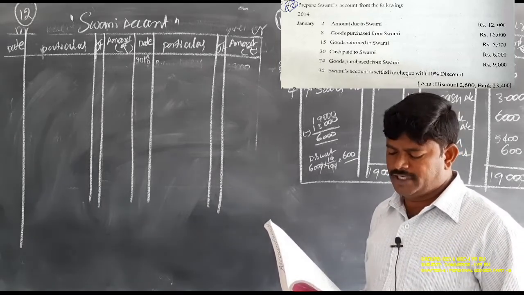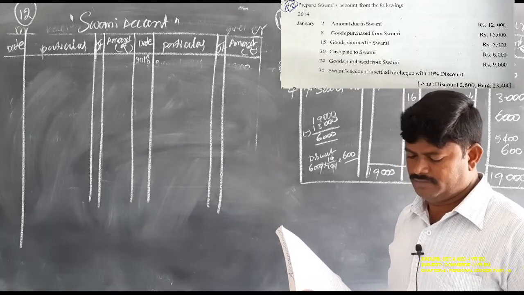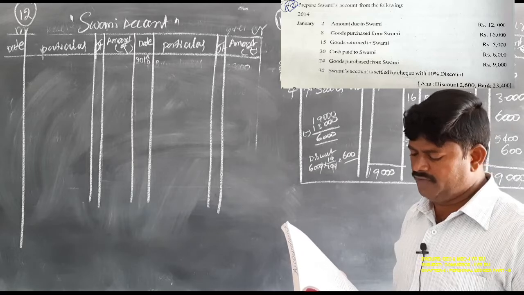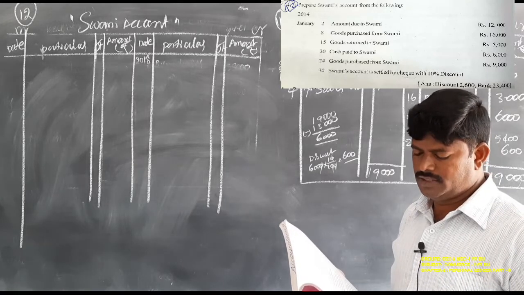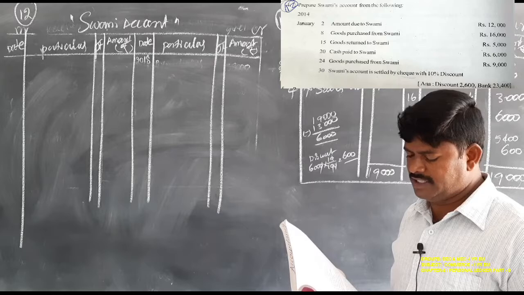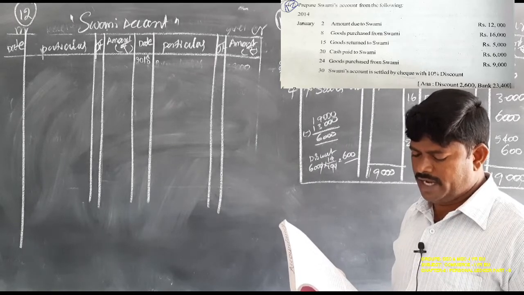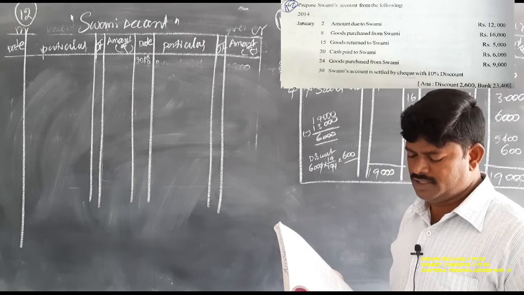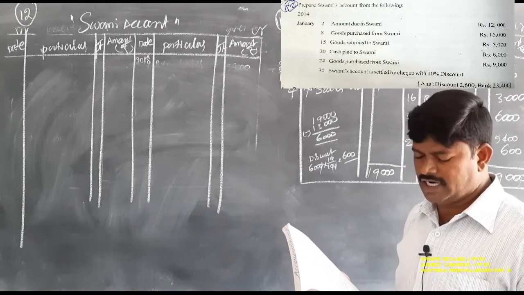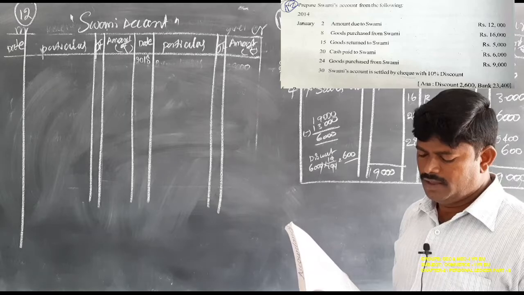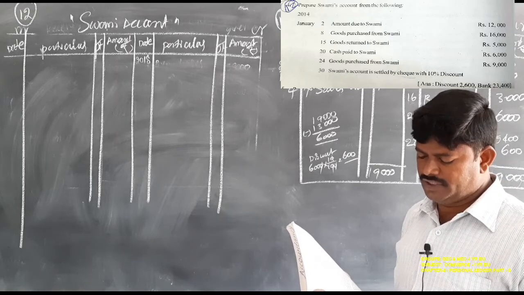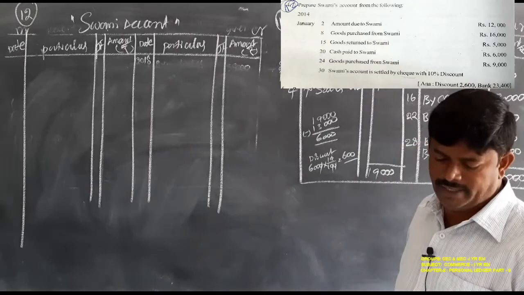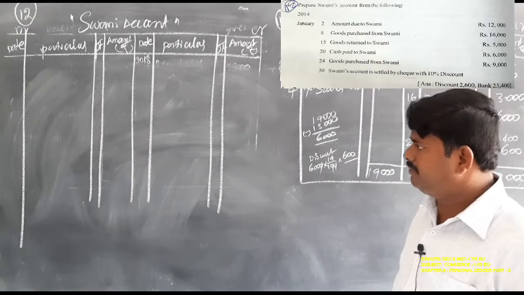January 8th, goods purchased from Swami 16,000. January 15, goods returned to Swami 5,000 rupees. January 20, cash paid to Swami 6,000 rupees. January 24, goods purchased from Swami 9,000 rupees. Swami account settled by check with a 10% discount. Similar problem. Okay, see one by one.